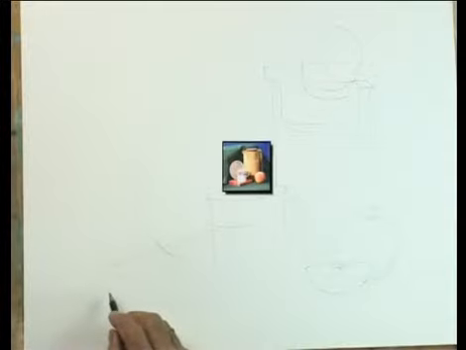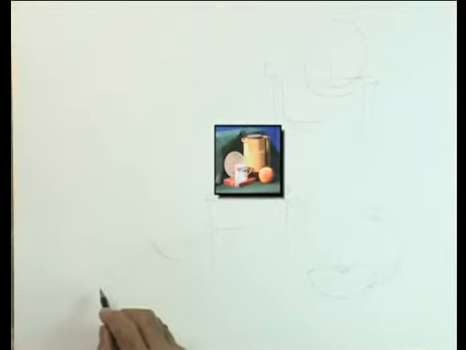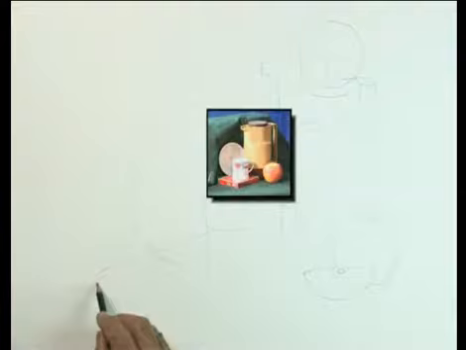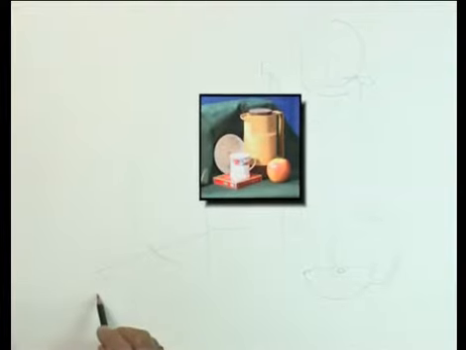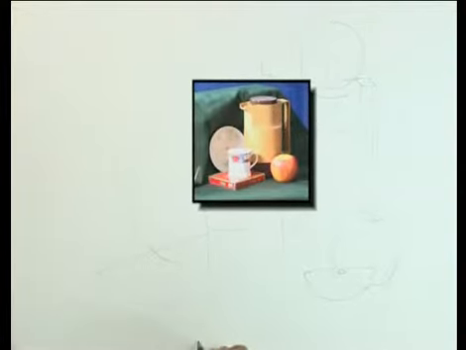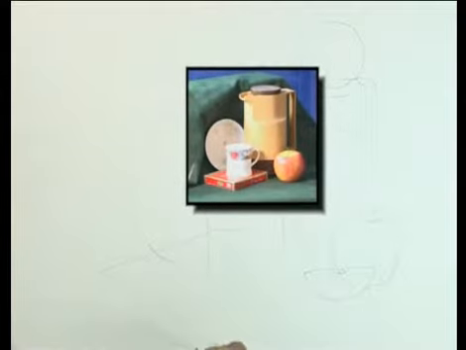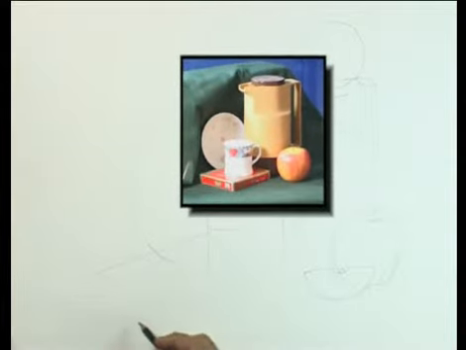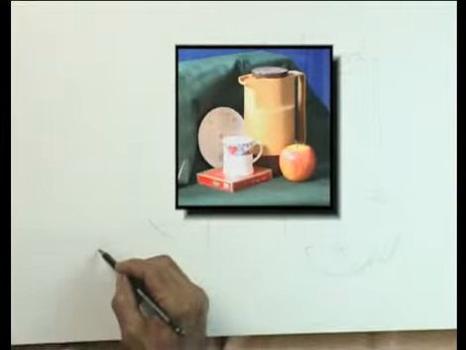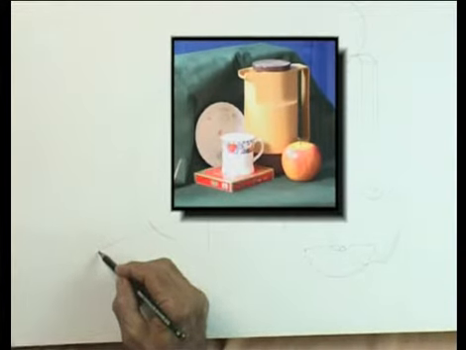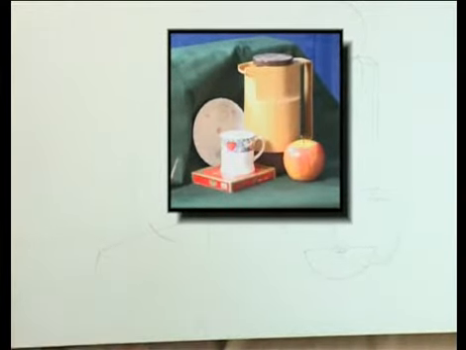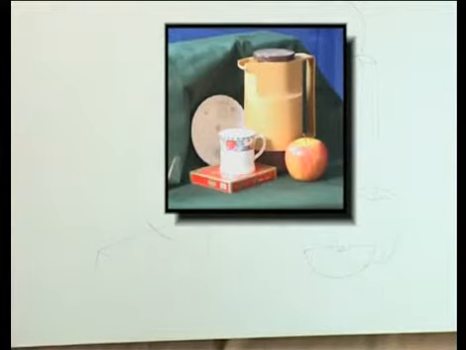Now, according to the principle of perspective, the farther height of it should be smaller than the nearer height of the box. But I think if I want to create a pattern, I may change this line slightly.